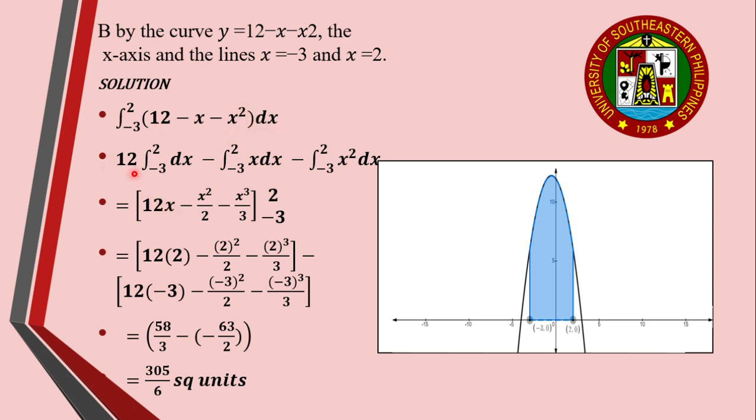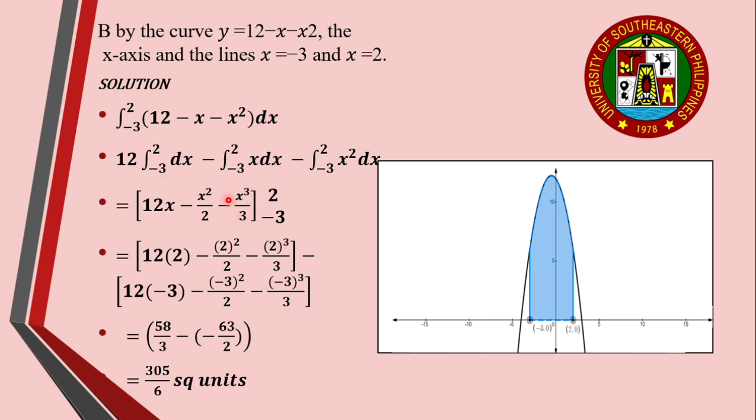So the integration of 12 from negative 3 to 2 dx is equal to 12x minus the integration of x, which is x squared over 2, and we're going to integrate also the x squared, which would be x cubed over 3.